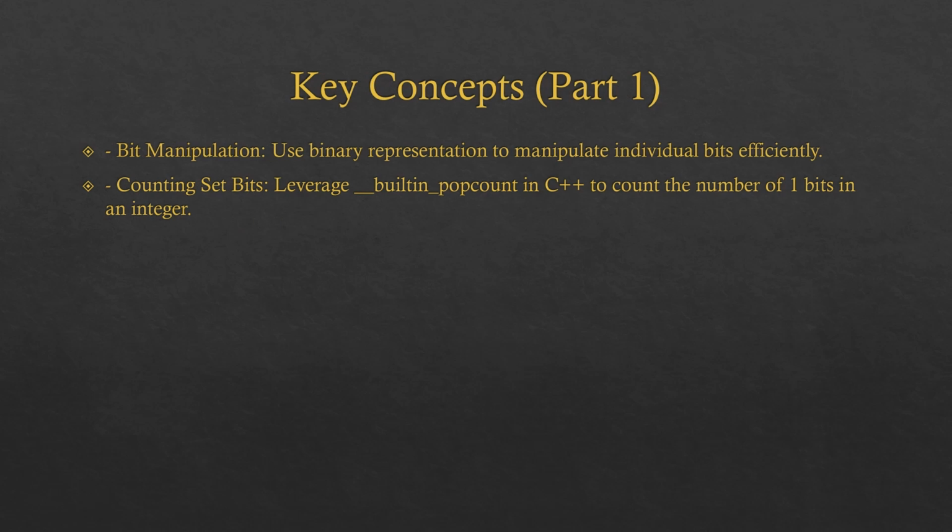To solve this problem, we use a couple of fundamental techniques. First, bit manipulation allows us to efficiently work with binary representations. Second, the counting of set bits, which refers to the number of 1 bits in a binary number. In C++, we can utilize the built-in function popcount for this.